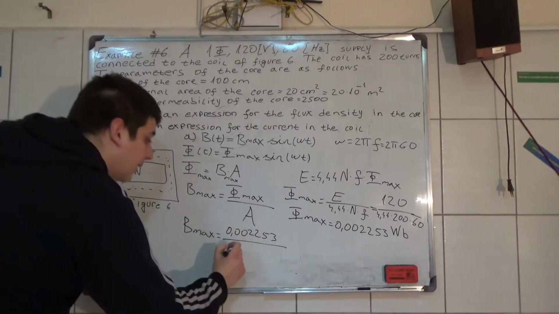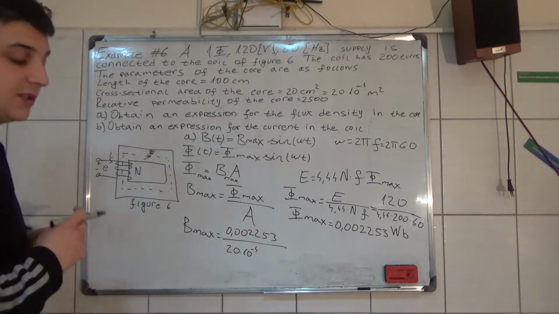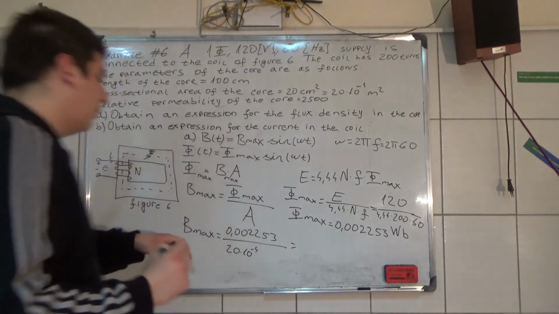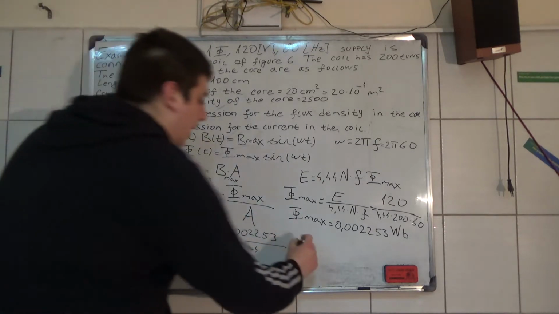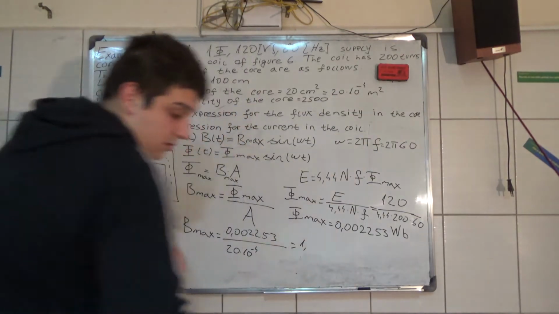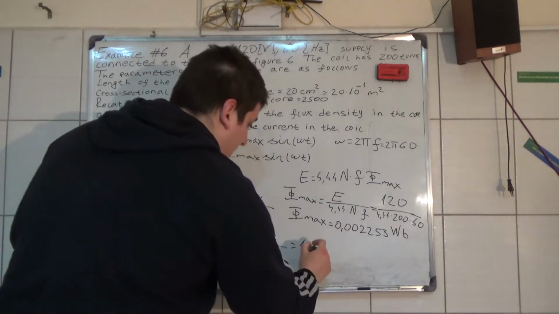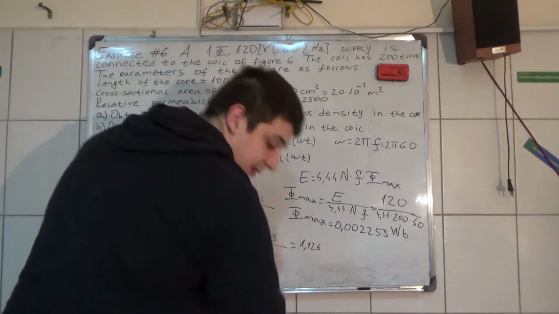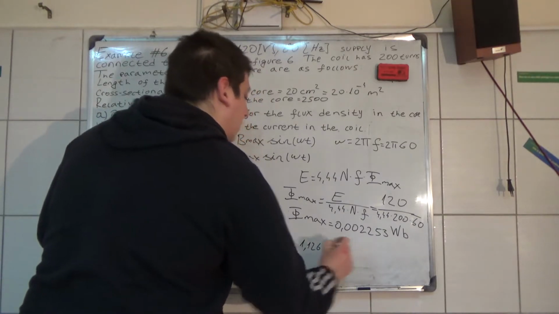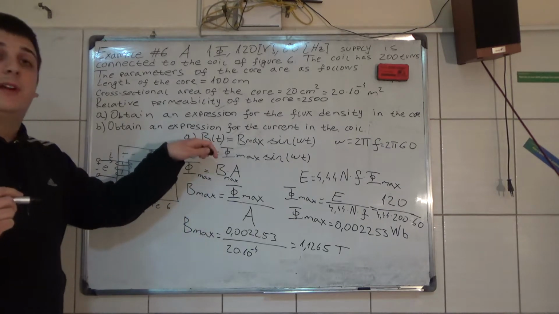The area is 20 times 10 to the minus 4 meters squared, and you get that this is equal to 1.1265 Teslas. So this is the amplitude of the magnetic flux density.